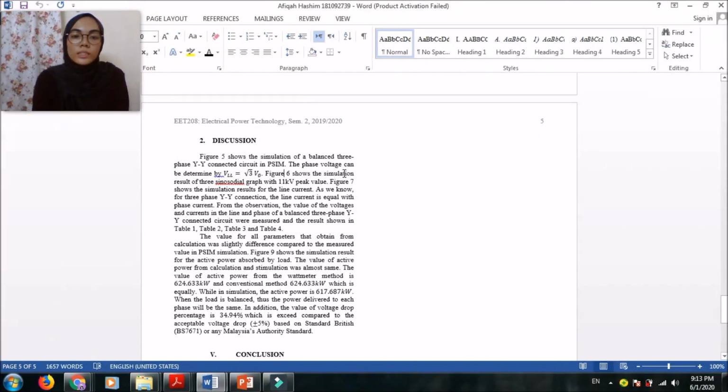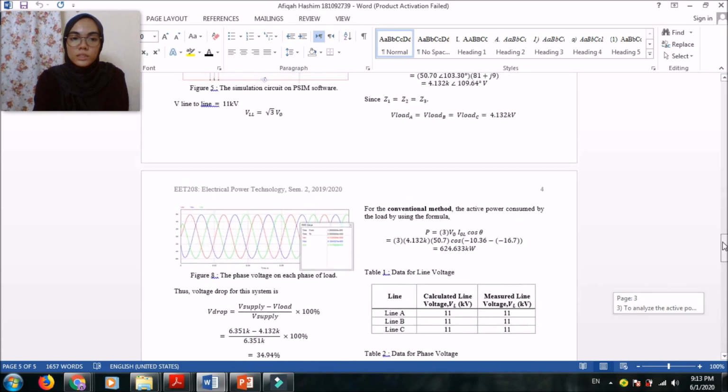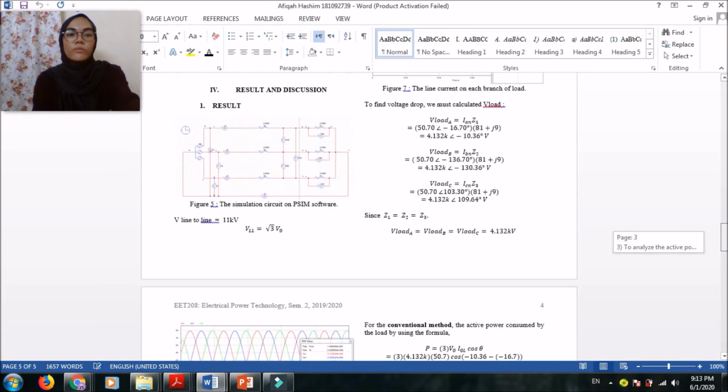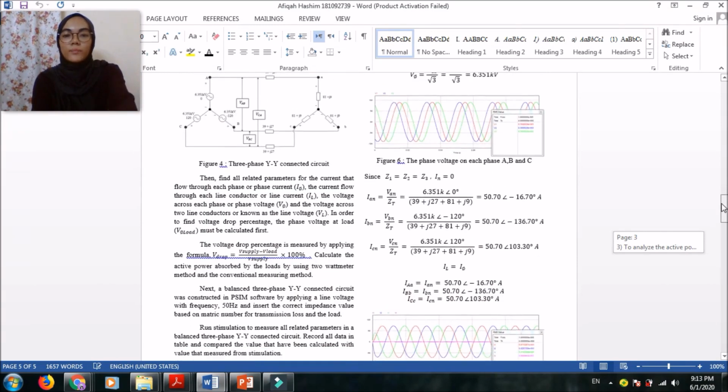Figure 6 shows the simulation result of three sinusoidal phase with 11 kilowatt peak value. Figure 7 shows the simulation result for line current. Okay, we show this for figure 5, figure 6, and figure 7.